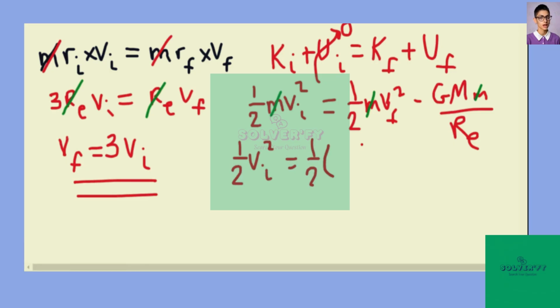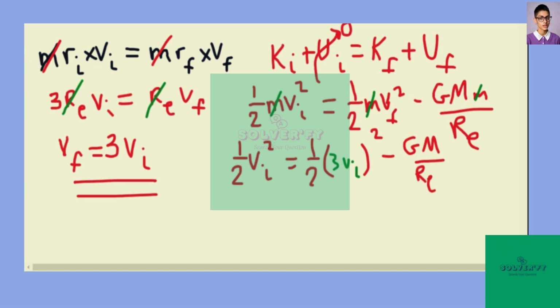So let's continue. 1/2 Vi squared equals 1/2 Vf squared minus Gm over Re. So again, Vf is 3 Vi.